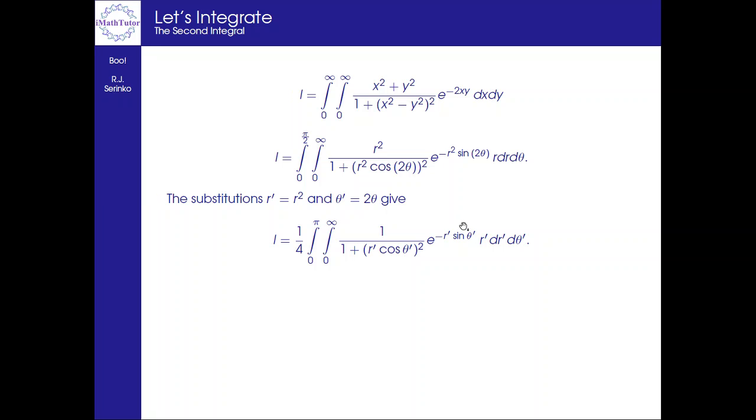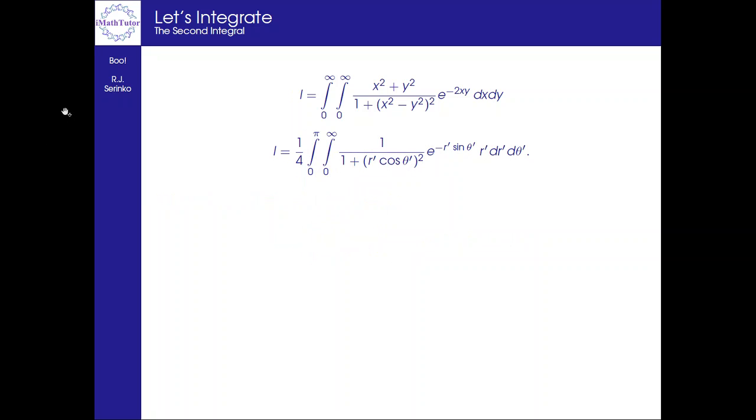So let's transform back to Cartesian coordinates. Notice, however, now that we're no longer integrating over just the first quadrant, we're integrating over the first 2 quadrants. So we'll have to change the limits appropriately when we change back to Cartesian coordinates.